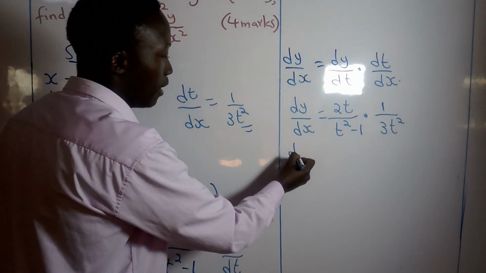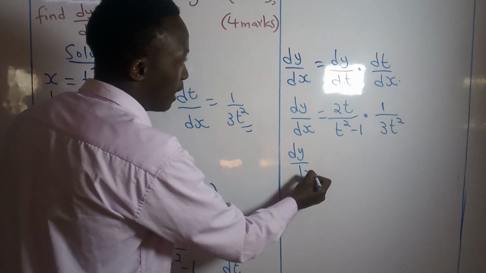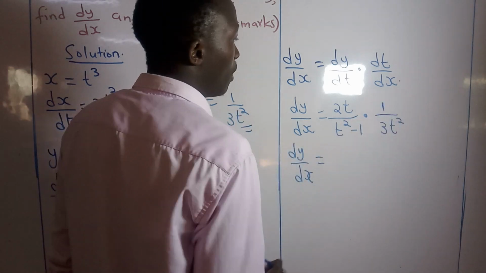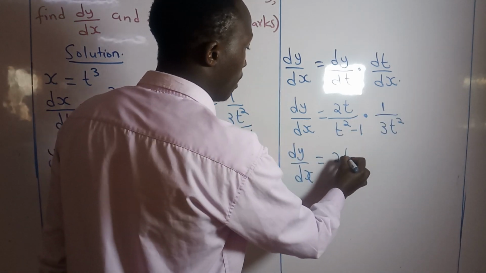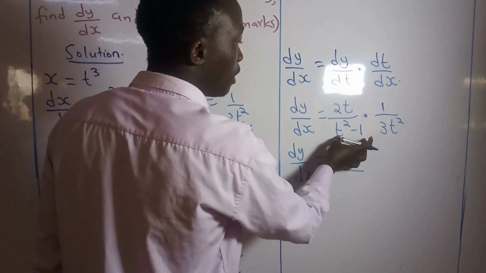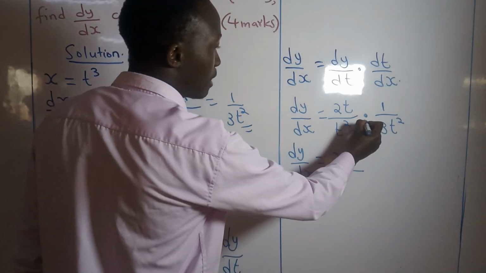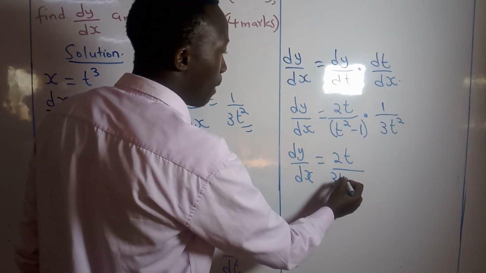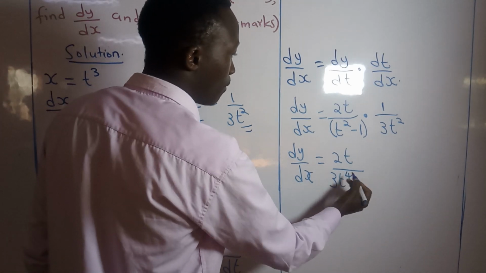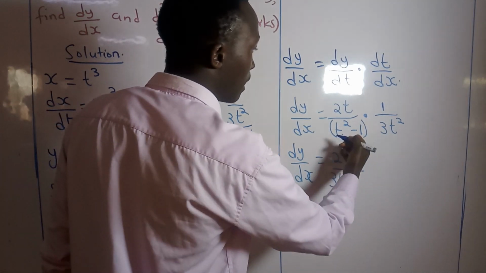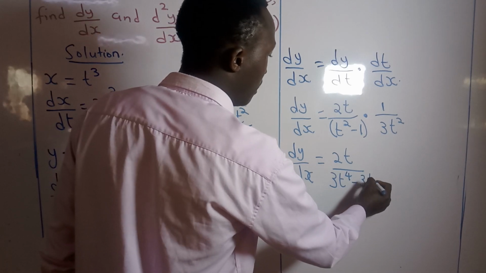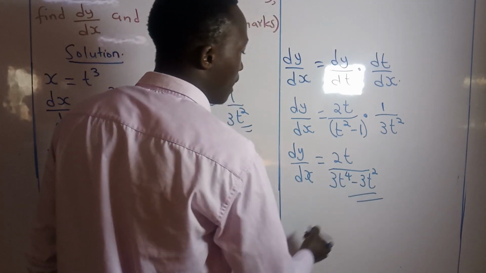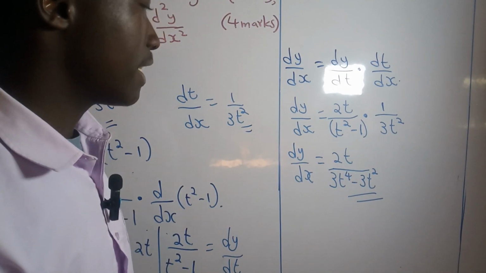And when we multiply, you are going to get dy over dx as 2t over 3t squared multiplied by t squared minus 1. That is like opening a bracket. We are going to have 3t to the power 4 minus 3t squared. And by doing that, we have already determined our dy over dx.